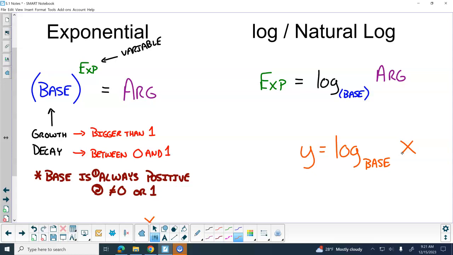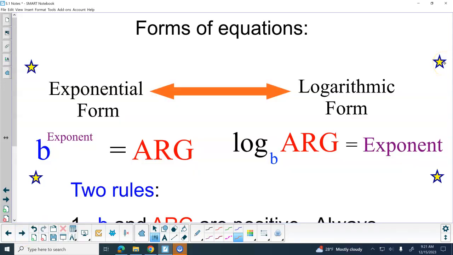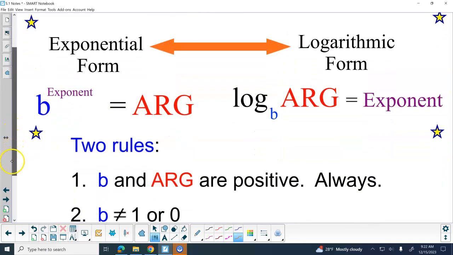Otherwise, it's a constant. These two functions are what we call inverses of each other, so much that you should memorize them, how they go back and forth, where they are at. I shortened it up here.